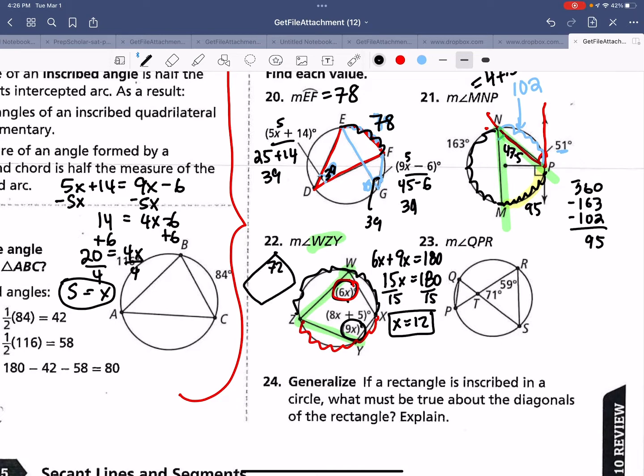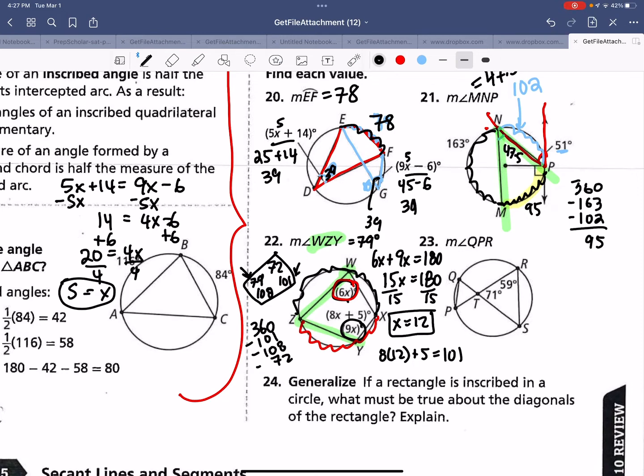This one is 72, 6 times 12. 9 times 12 is 108. 8 times 12 plus 5 is 101. Okay, so this is 101. So what do I have left? So I have 360, take away 101, take away 108, take away 72. But again, remember, these two have to add up to 180. So that would make this one 79. So my answer is 79.